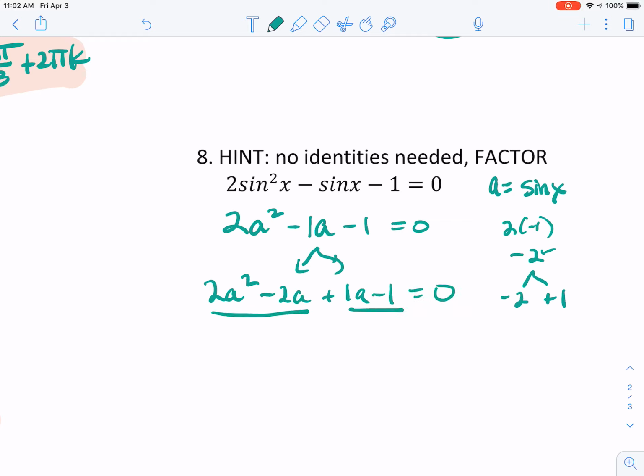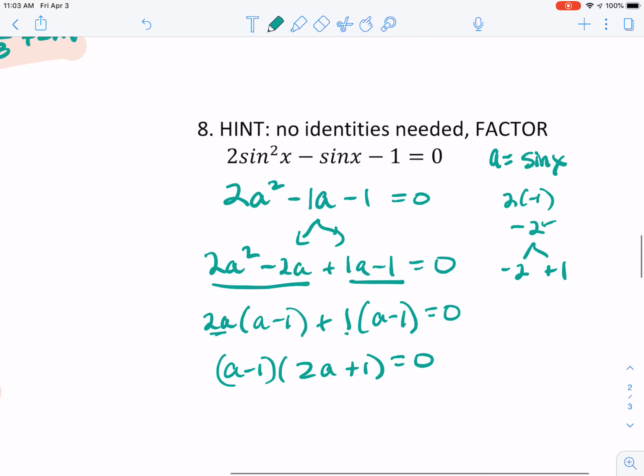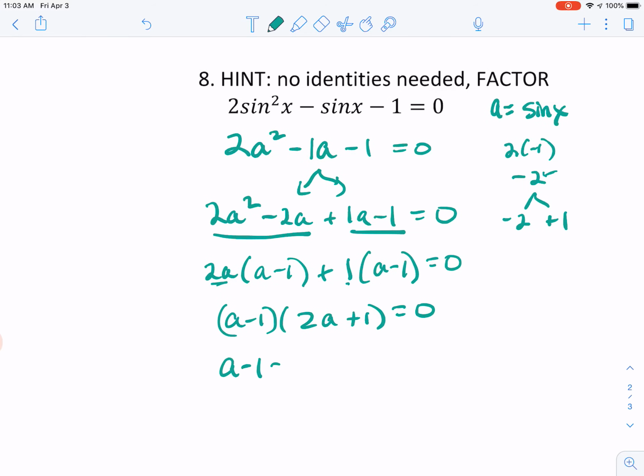You group the first two and the second two, pull out a 2a, and you get a minus 1. Here, the only thing they have in common is 1. So go ahead and write the 1, and then that's going to be a minus 1. And then the a minus 1's match, so that's a common factor, and you're left with 2a plus 1. You set each factor equal to 0.